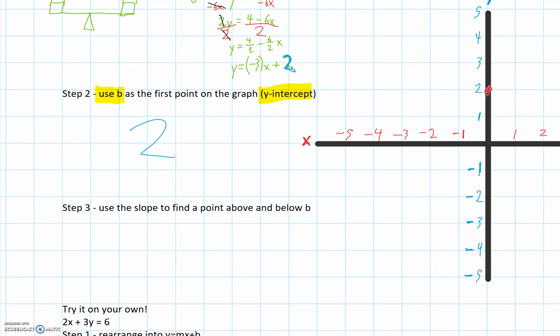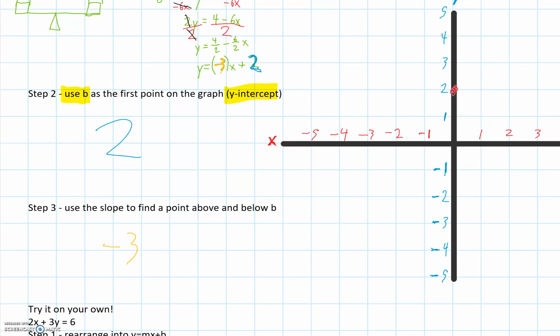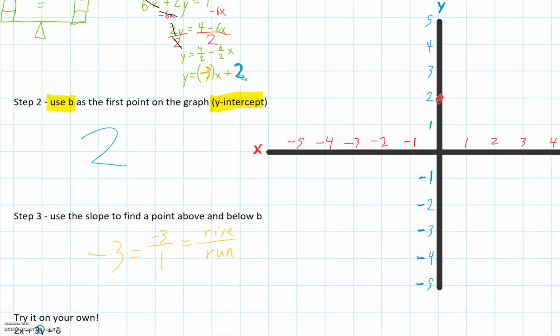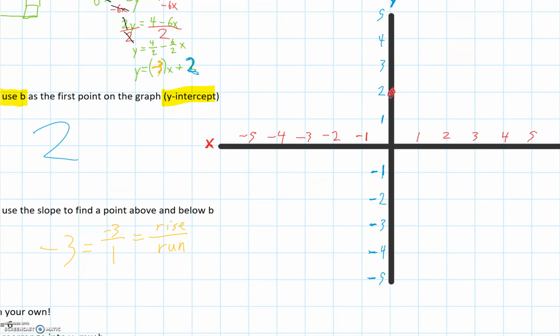Then I need to find the slope, which is the m, negative 3. So my slope equals negative 3 over 1, which is rise over run. This is a really important concept. So, using my graph here, I have to go down 3, so 1, 2, 3, and then to the right 1. So that would be my point.